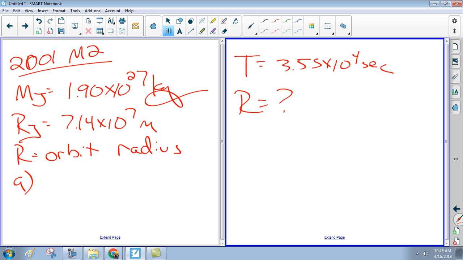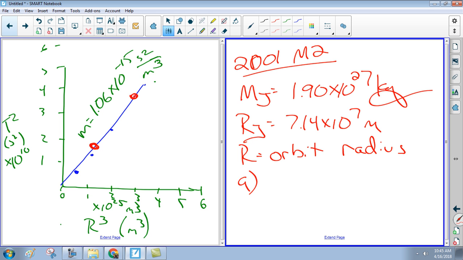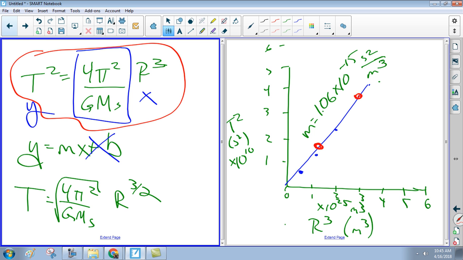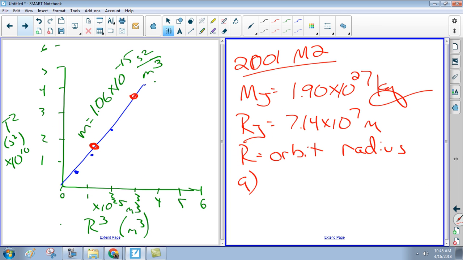So long story short, a minute ago we came up with this. We know what the period is. We've got to find the radius, right? What mass am I going to use? What planet are we orbiting? Jupiter, right? So you want Jupiter's mass, right? Follow?